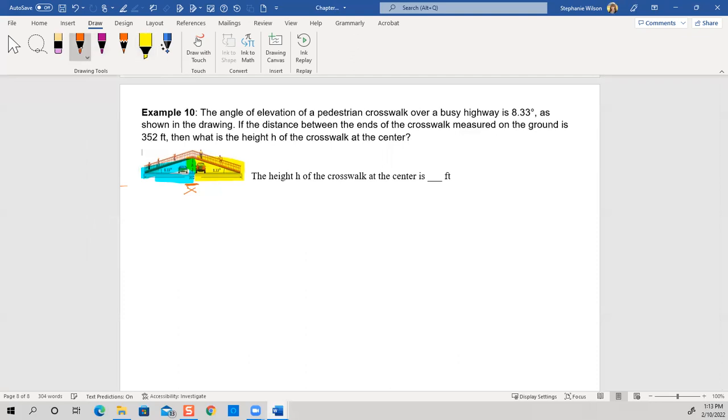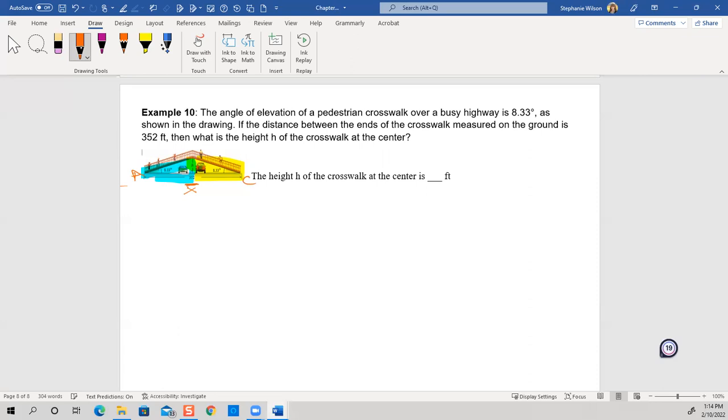Okay, so let's solve for this. We're going to let points A and C represent the ends of the crosswalk where the crosswalk meets the ground.